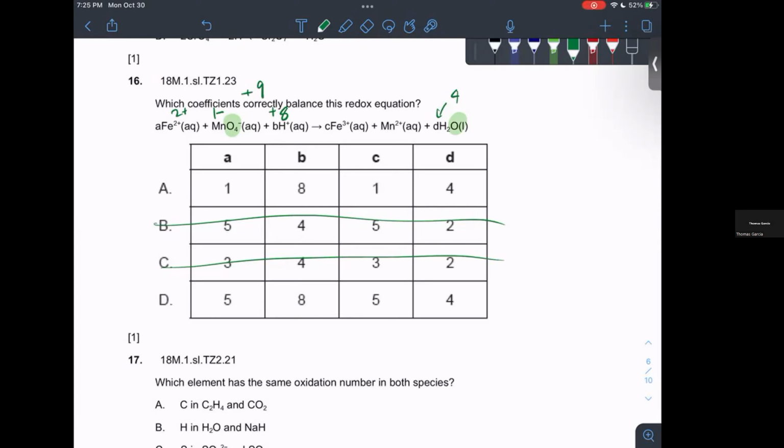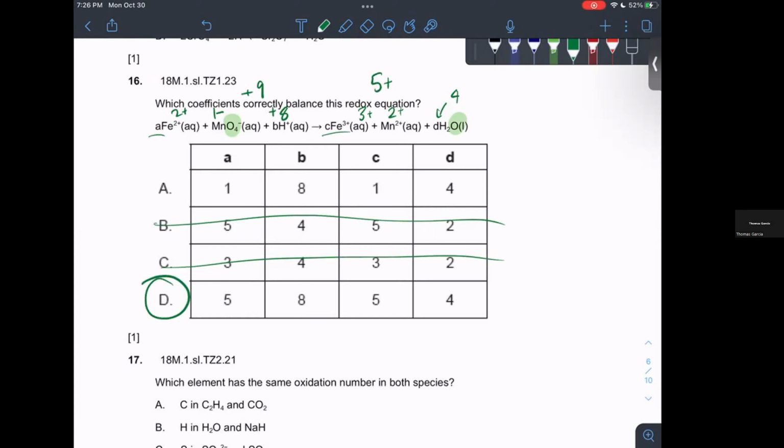On the right side, we have 3 plus and 2 plus. That doesn't work. That's a grand total of 5 plus. So we cannot leave the coefficients for this iron and this iron as 1. Otherwise, it wouldn't work. So it has to be D.